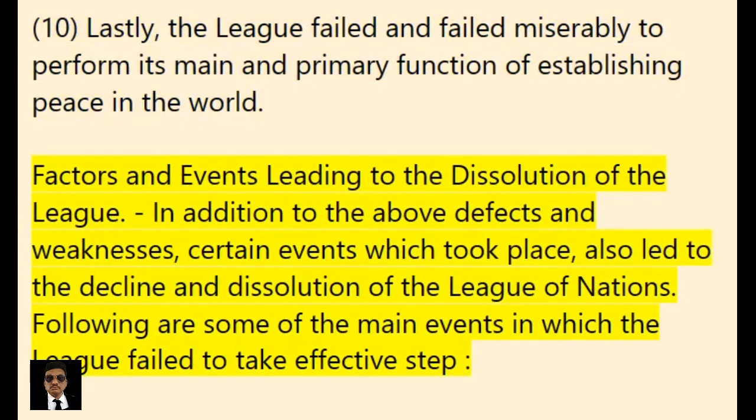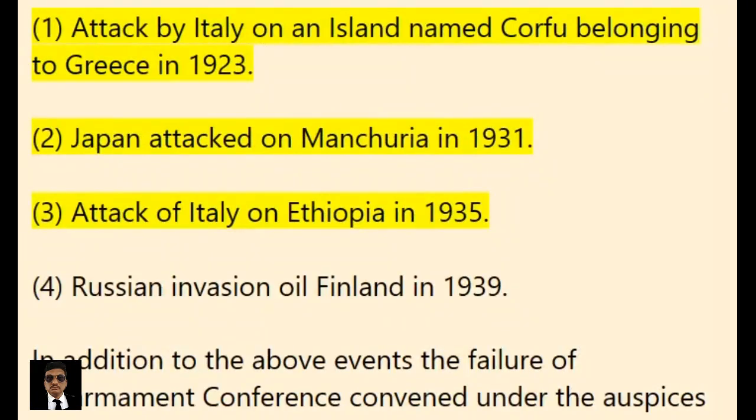Factors and events leading to the dissolution of the League. In addition to the above defects and weaknesses, certain events which took place also led to the decline and dissolution of the League of Nations. Following are some of the main events in which the League failed to take effective steps. 1.